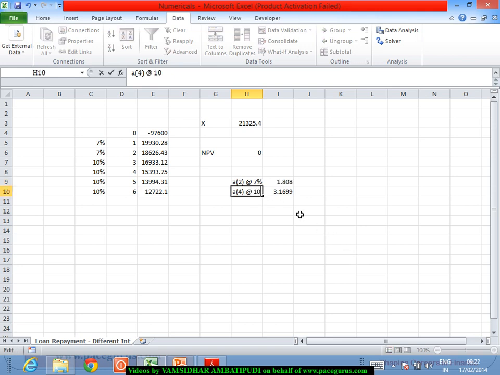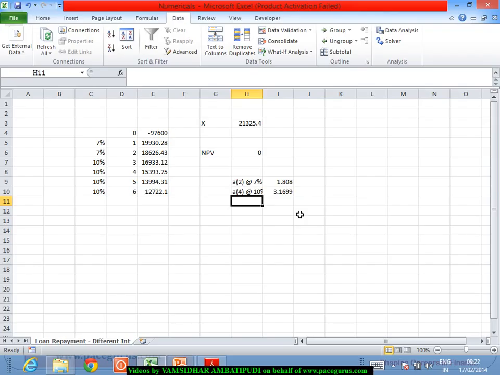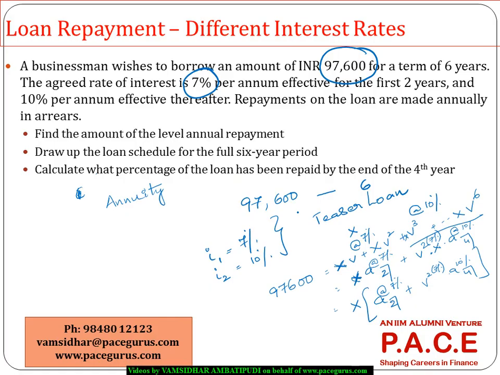So V squared at 7% is one more thing that is required. V squared at 7% is nothing but 1 divided by 1.07 squared. So this is V squared at 7%.